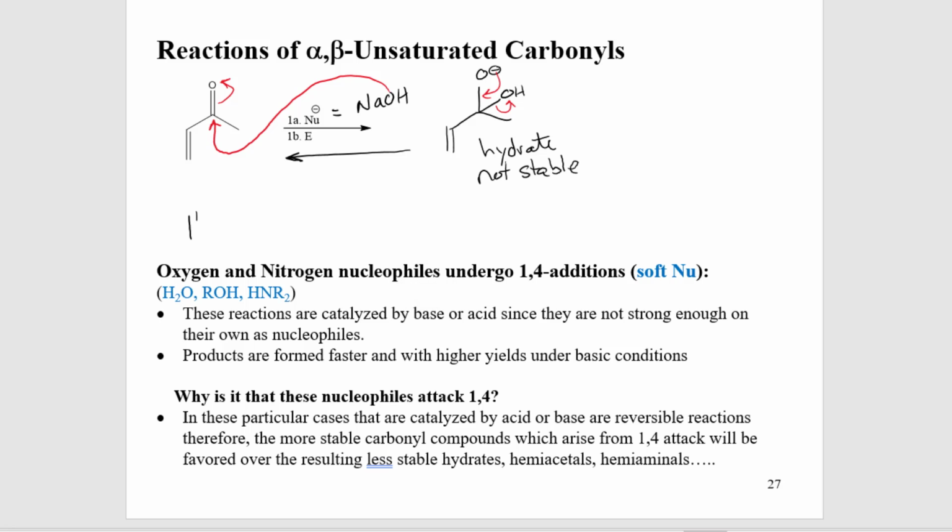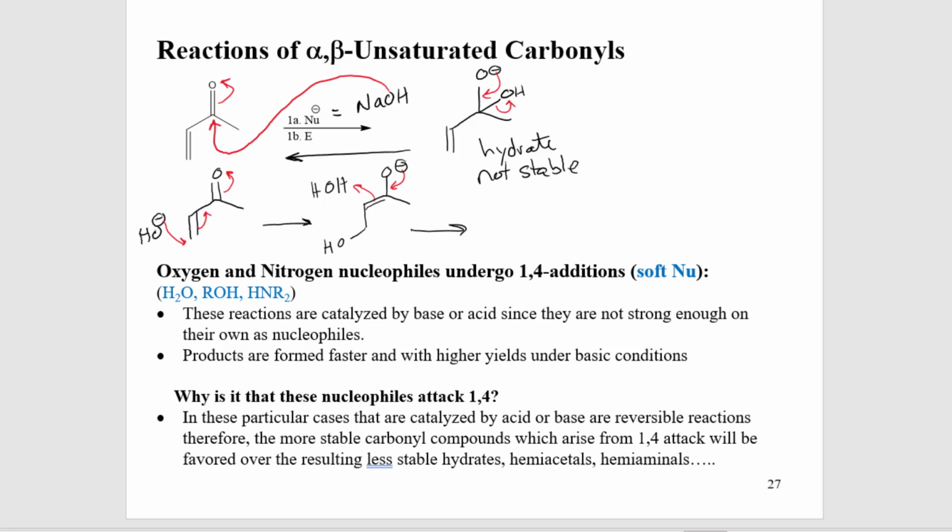As opposed to if the OH minus had attacked at the 1,4 position, now if the enolate collapses, it's not going to just kick out the OH minus, it's probably going to just protonate from the water that you formed.